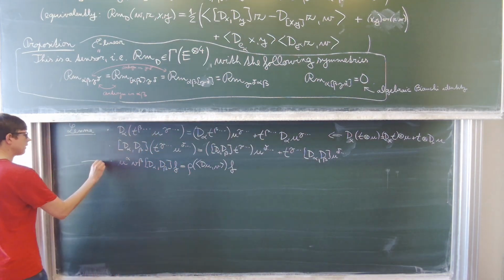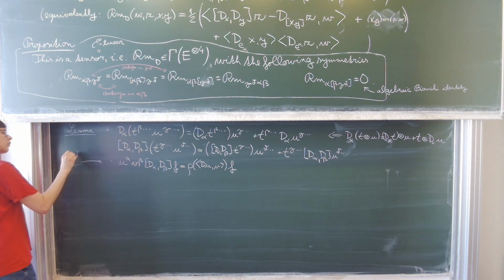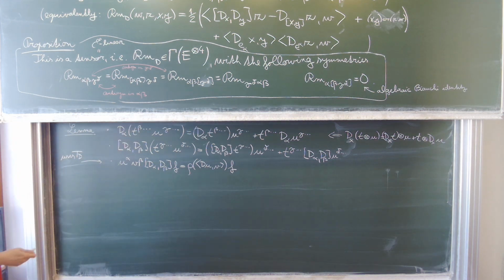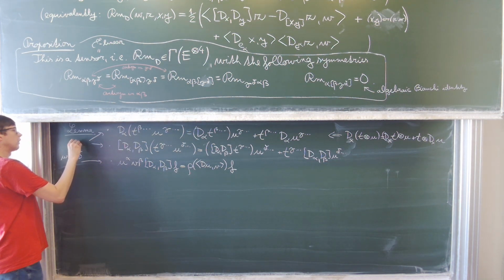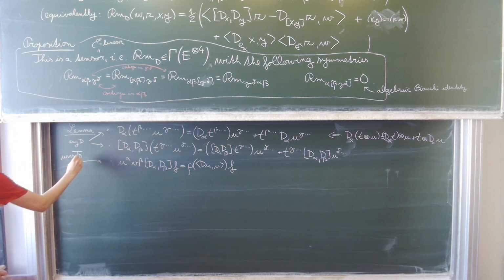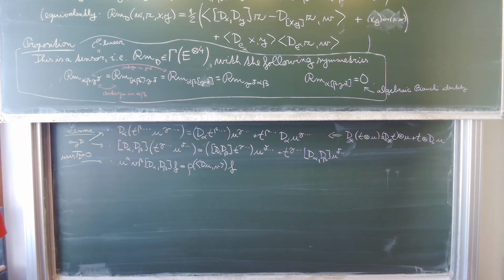The last one uses torsion freeness. The other ones don't, this is general, any D. This one uses the torsion. So let me show the last one.